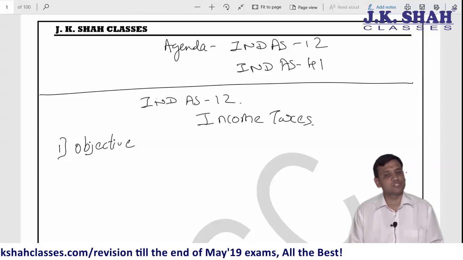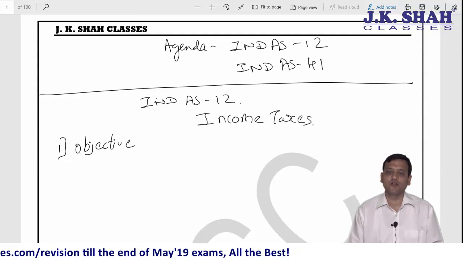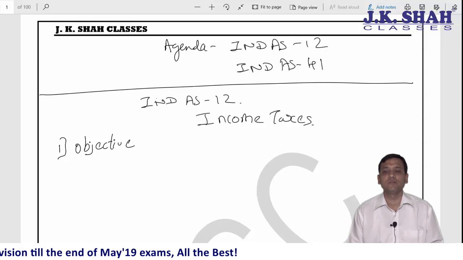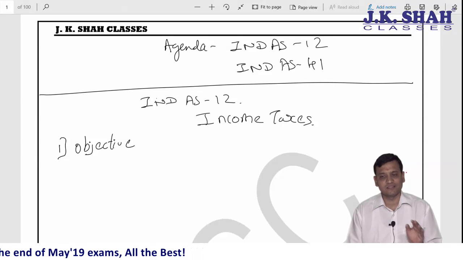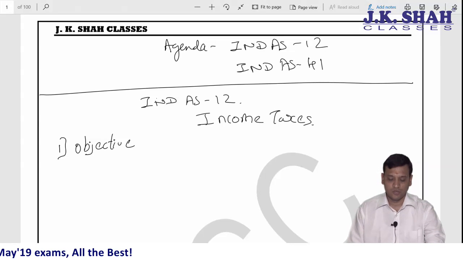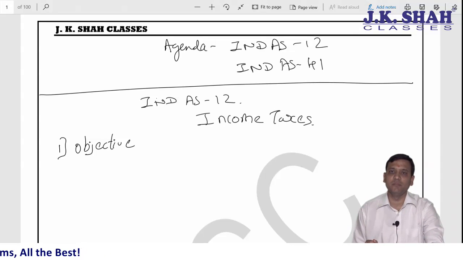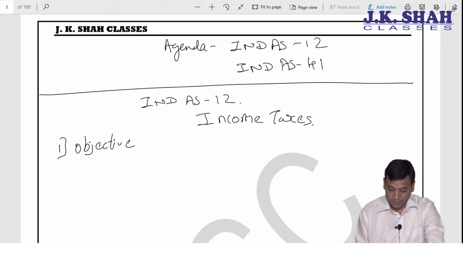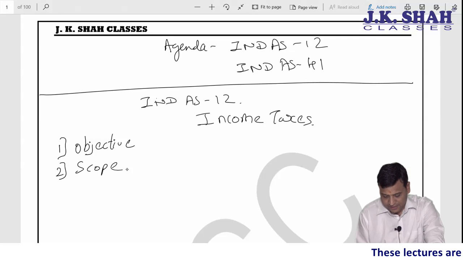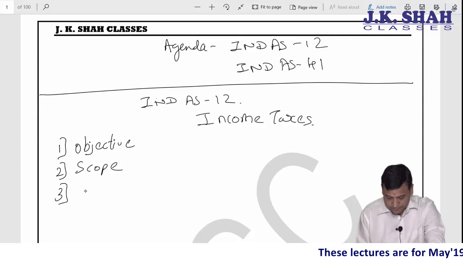When it was AS 22, it was accounting for taxes on income and we had a profit and loss statement approach, whereas under Ind AS it is a balance sheet approach. Of course, the inbuilt principle remains the same with respect to having deferred taxes. So why this standard, and which areas does this standard deal with?